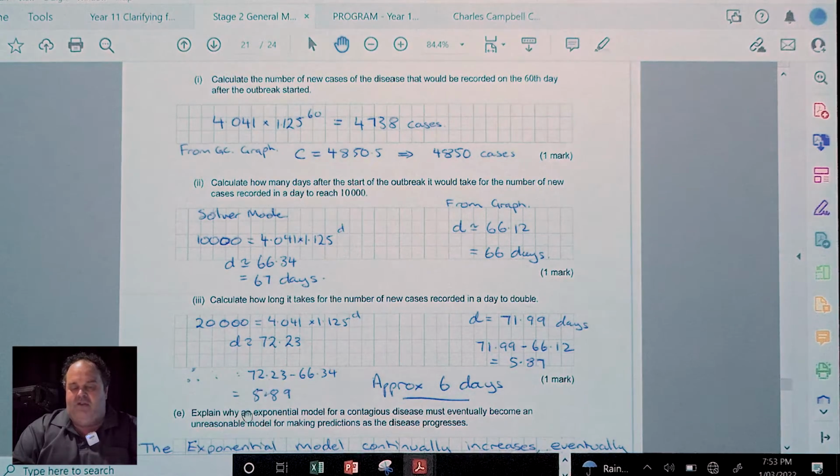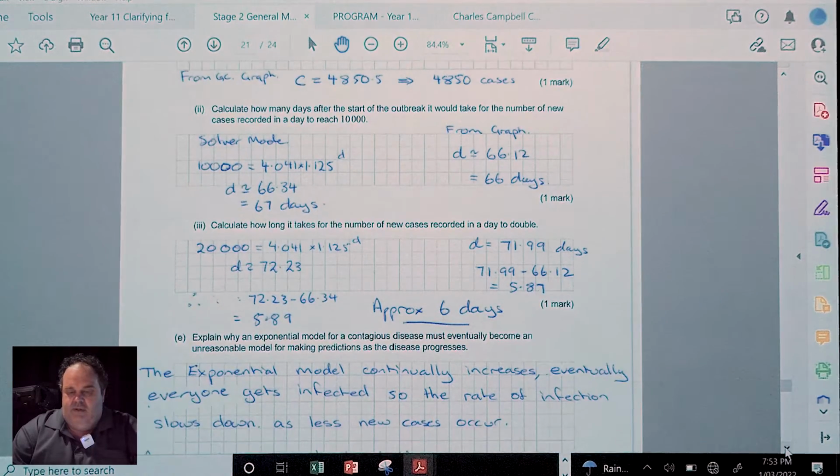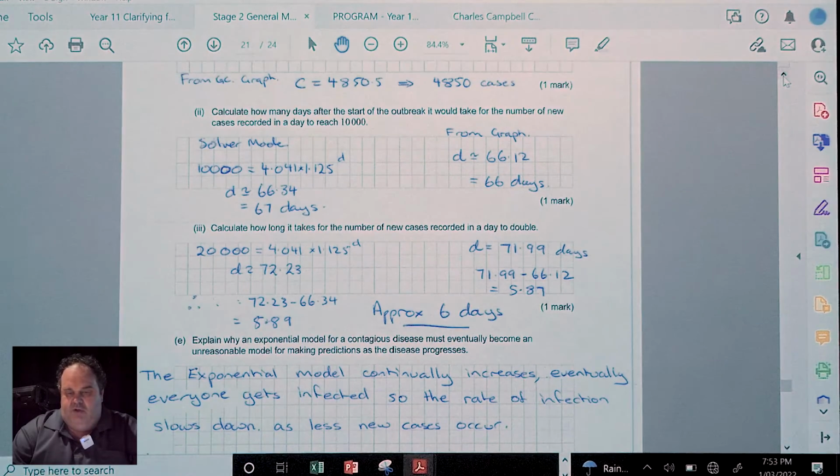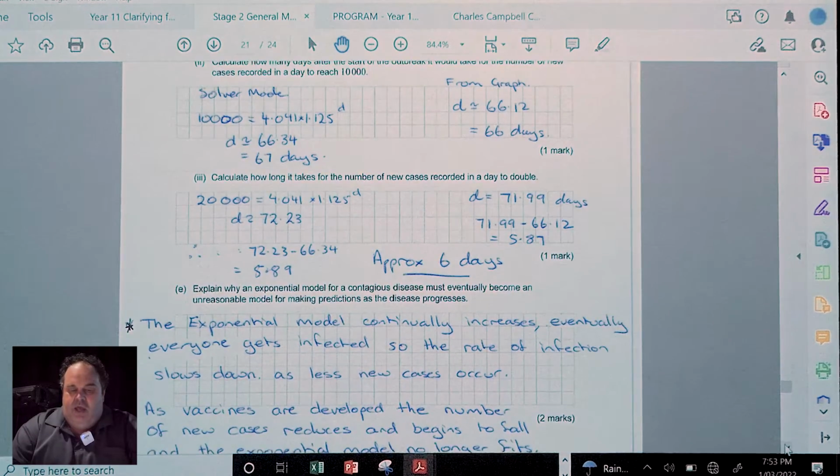And I'm going to get around about 6 days for both of them. So they just have to show, start at one value, double it, using the equation, how many days difference was it? They could have even used the 4,850 and doubled that to work it out, and they'd still get the same thing.